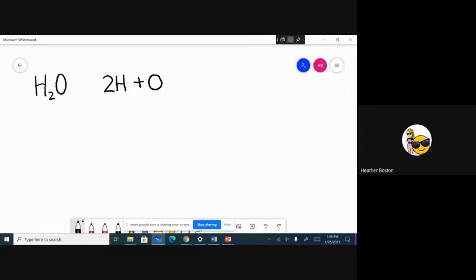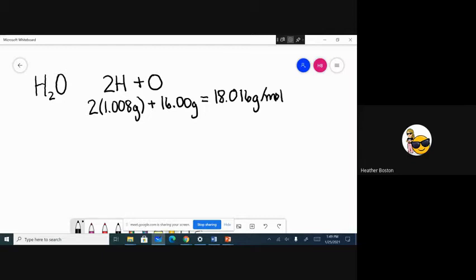I look on the periodic table of the elements and find hydrogen, which is 1.008 grams per mole, and oxygen is 16 grams per mole. When you type those into your calculator, you're going to get 18.016 grams per mole.